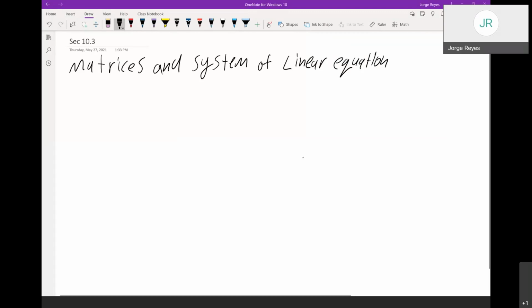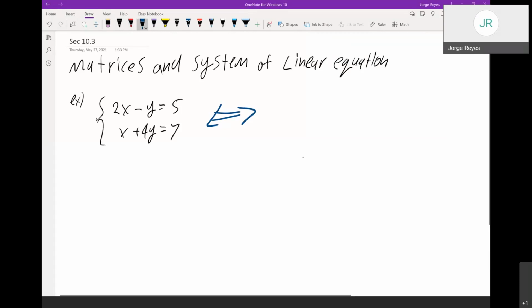So the first step is I need to introduce what a matrix is. A matrix is basically just a tool that we use. Here's a system from last section. You can transform it into a matrix.